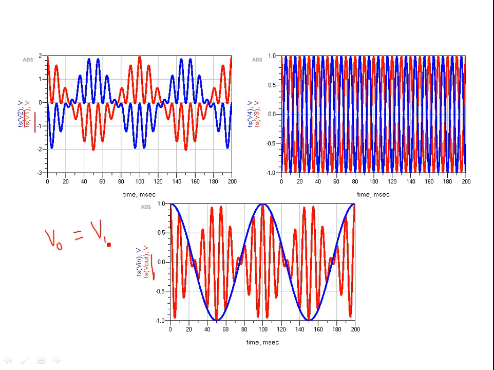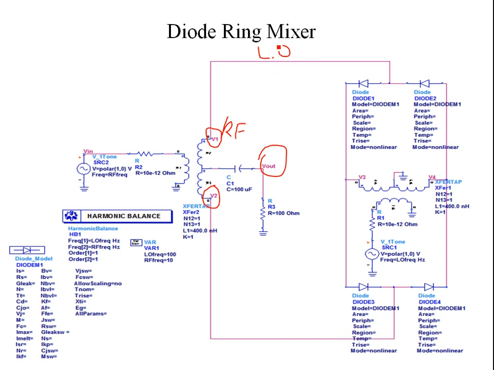This is V1 plus V2, and if you combine these two node voltages, you have an amplitude modulated signal, and this looks like the envelope of the output signal. So what you have done is combine the local oscillator and the RF signal at node voltages V1 and V2, and then on the return path you are getting the mixed products. That's the product of RF and the local oscillator currents.